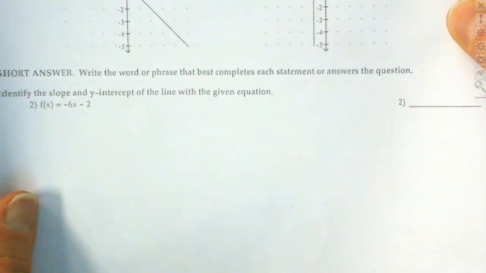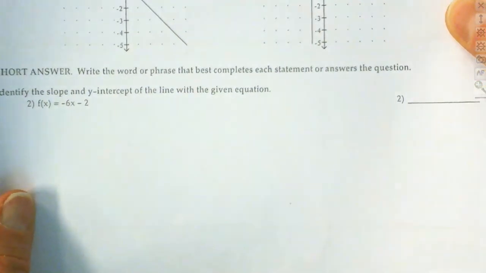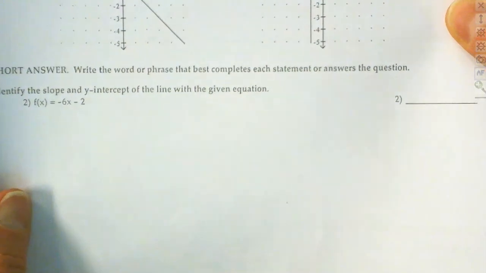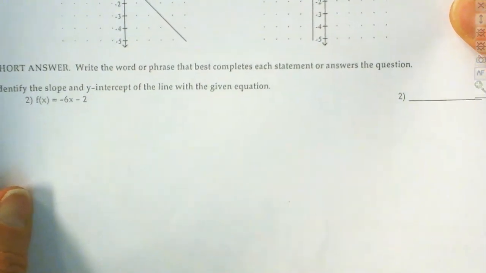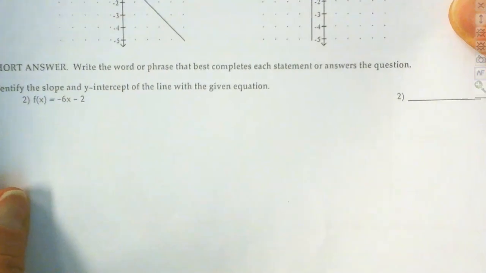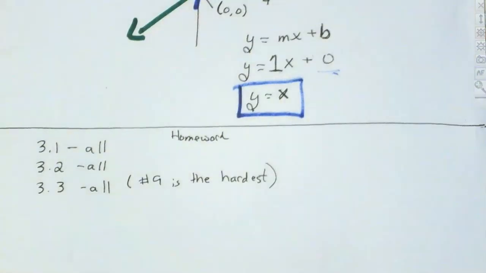And if you look at like question 2, we did these. Find the slope and the y-intercept. Remember, we did that. That's just looking at it. It would have a slope of -6 and a y-intercept of 0, -2. So we've done a lot of these. The only ones that we have not went through are going to be 6 through 11.